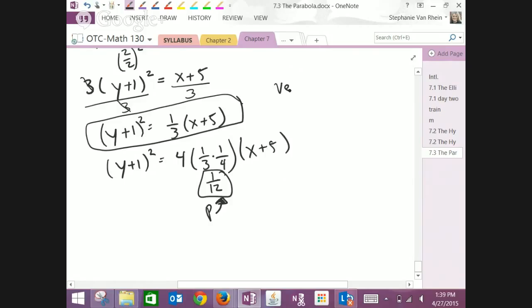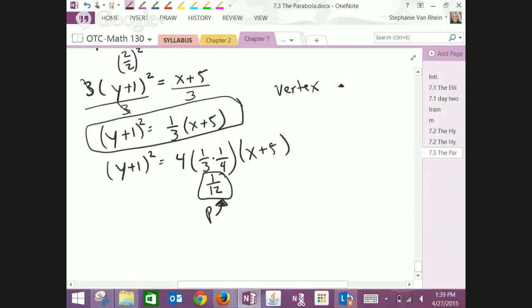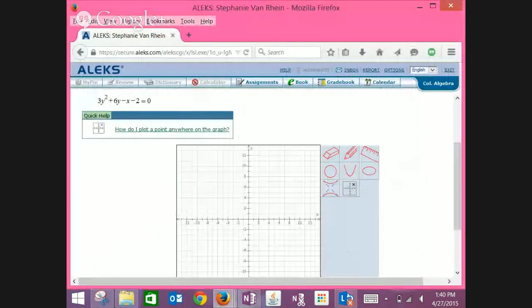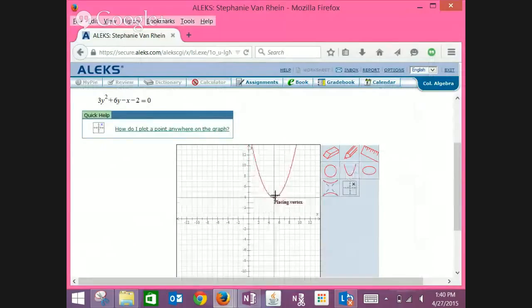So my vertex is what? -1, minus 5. It is opening to, oh, thank you. Yes. -5, -1. The x component goes first. -5, -1. So if I go back to Alex, I graph that by picking the parabola, place the vertex.